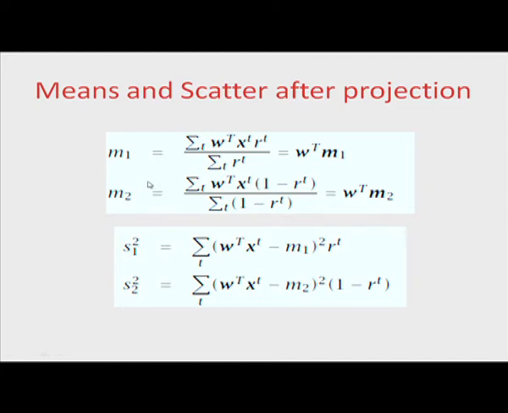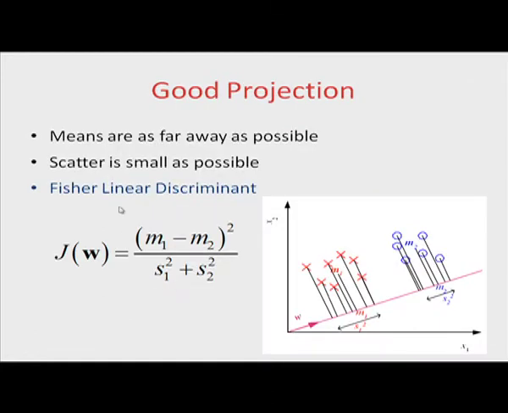We can use this following formula. M1 is the mean of the first class, so the centroid of class 1. M2 is the centroid of the instances of class 2. S1 square is the scatter of class 1, and S2 square is the scatter of class 2. And we want the means to be as far away as possible.